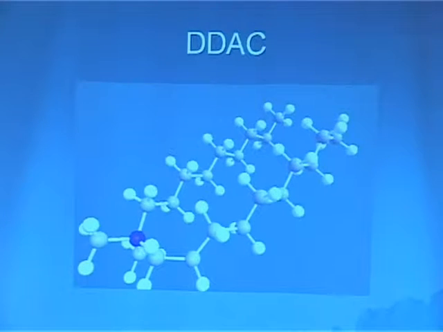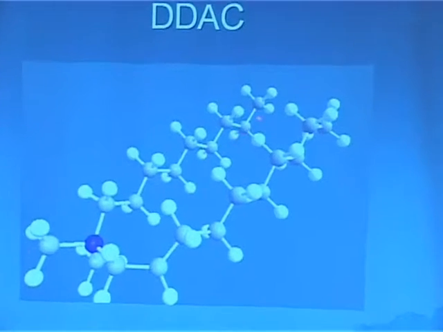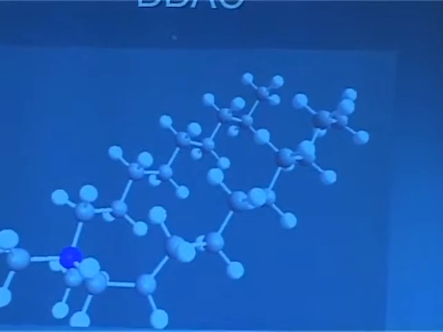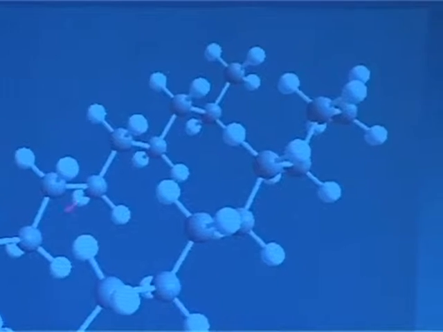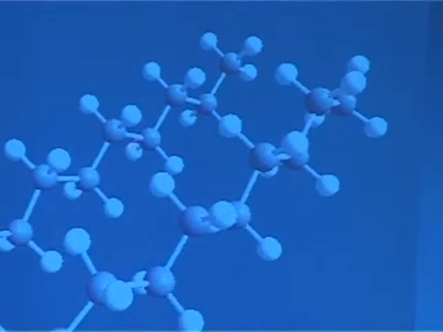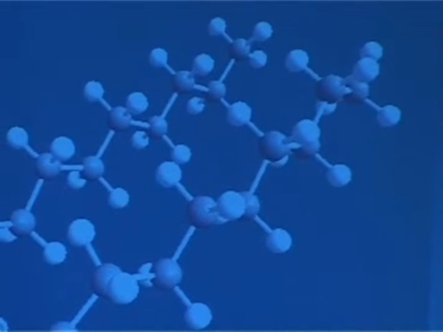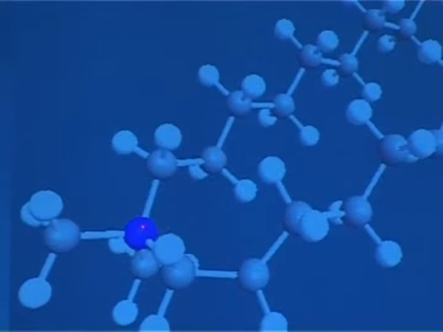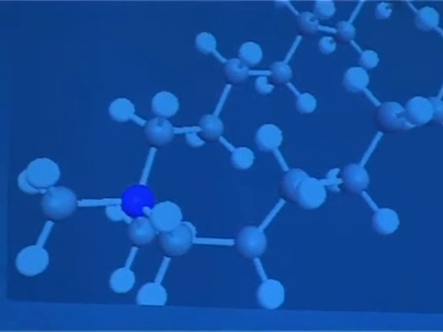Right, I warned you you're going to get some chemistry. Well, here's some more chemistry. This is what a molecule would look like on a molecular drawing program. This one is didecyl dimethyl ammonium chloride. We've got two long 10 carbon chains. There's one running down the back, one running down this side. There's the central nitrogen atom, the ammonium, and then we've got a methyl coming out here and another methyl going behind.